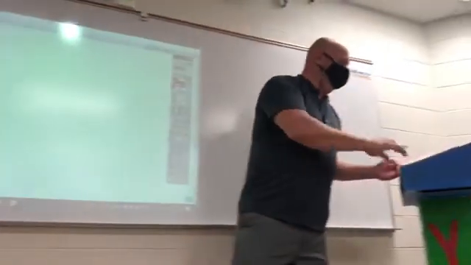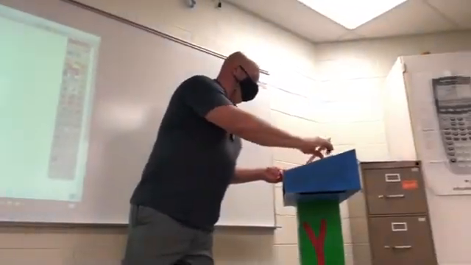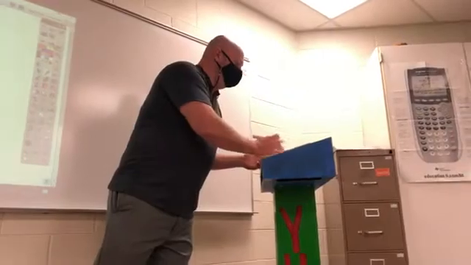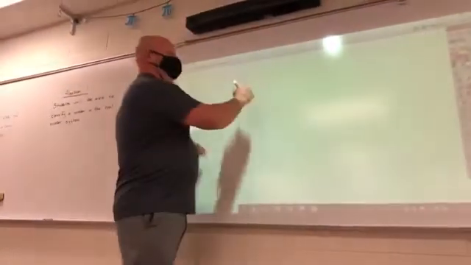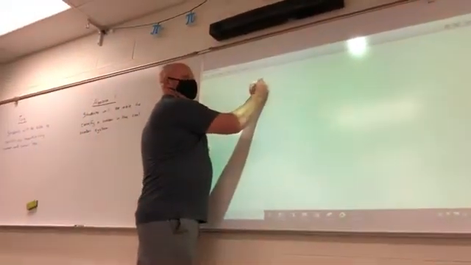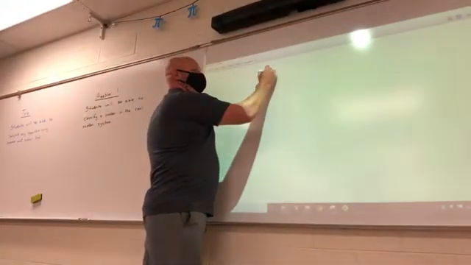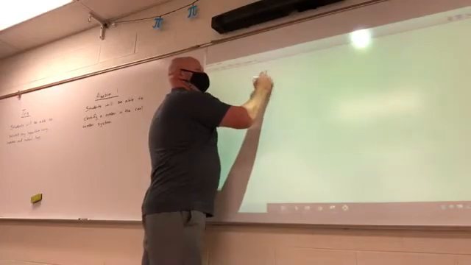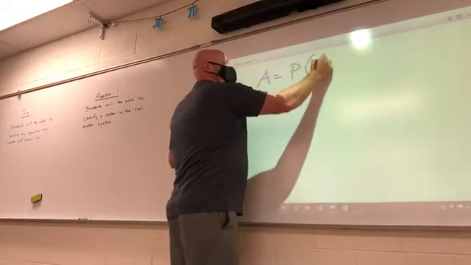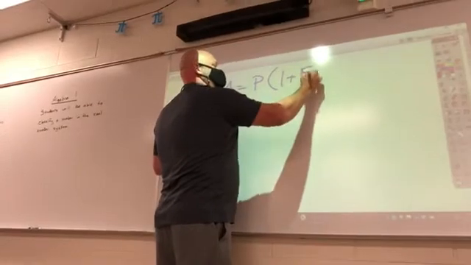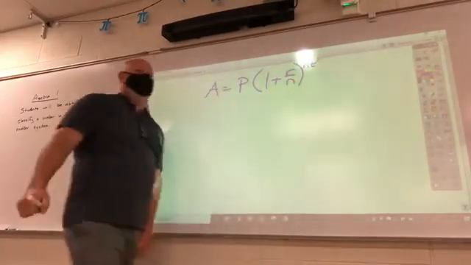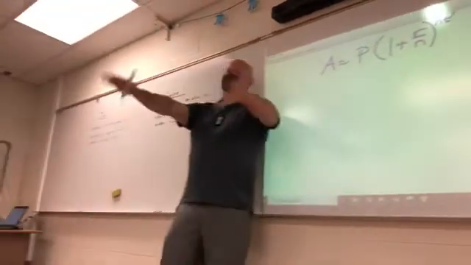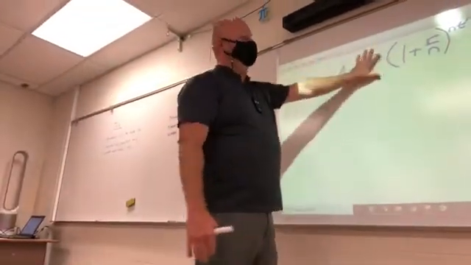Look on page 359. It's right there in the middle of the page. So it's A equals, I'll let him read it to me. P times the value of 1 plus r over n to the nt power, right? So that's your compound interest formula. Not something you need to memorize right now, just this is how this works.